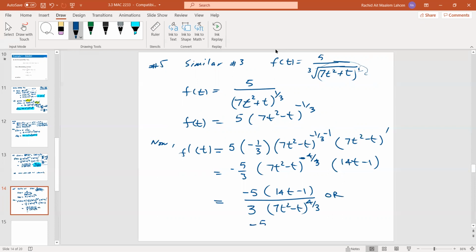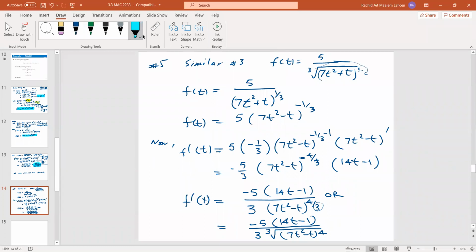Or if we want to write it as a radical, because we started with the radical form, this 3 is outside a cube root, and 7t squared minus t to the 4. But I would just leave it this way because that's fine. But if you want to type in the other, it is okay.